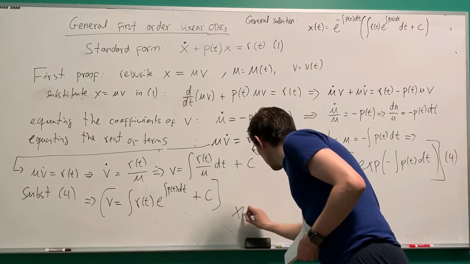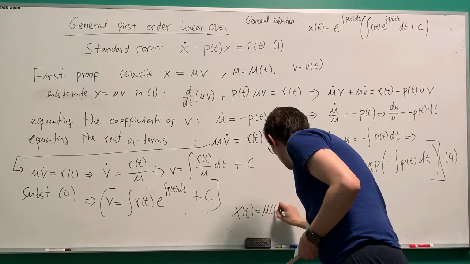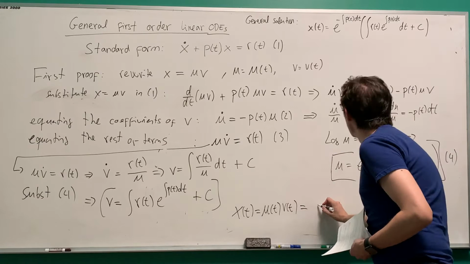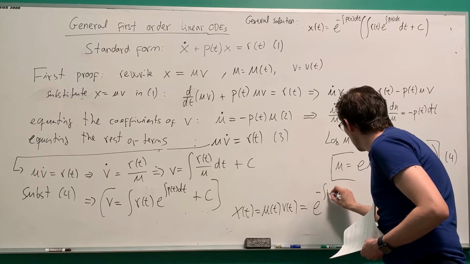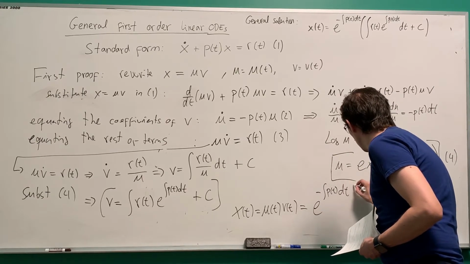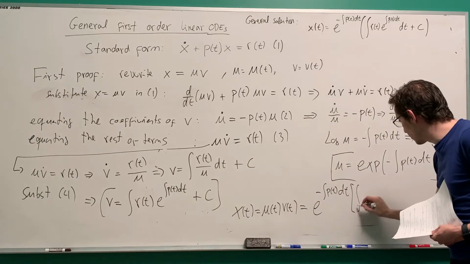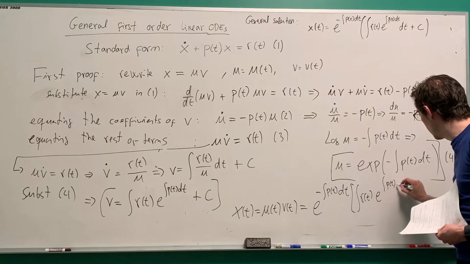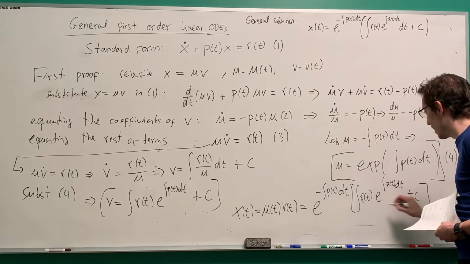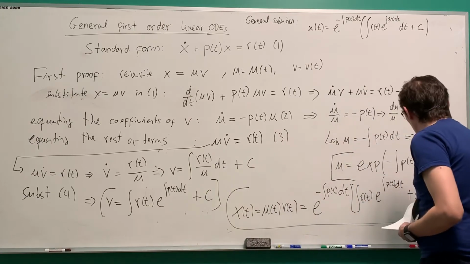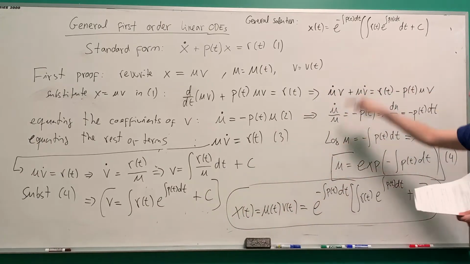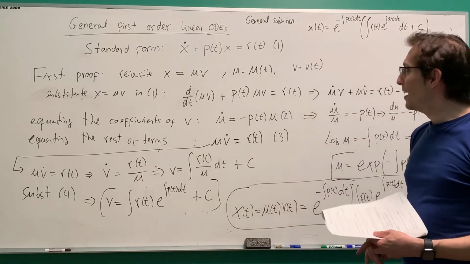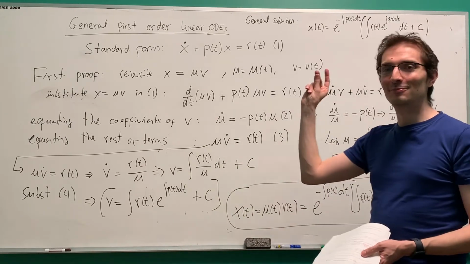So finally, x of t, which is equal to u of t times v of t, is equal to the exponential of minus the integral of p of t dt, which multiplies v, the integral of r of t exponential of the integral of p of t dt plus a constant. And there we go. This is exactly the formula that we have on top of the board that we wanted to prove. It is proven. Method number 1. All right. Nice. Let's see more methods.